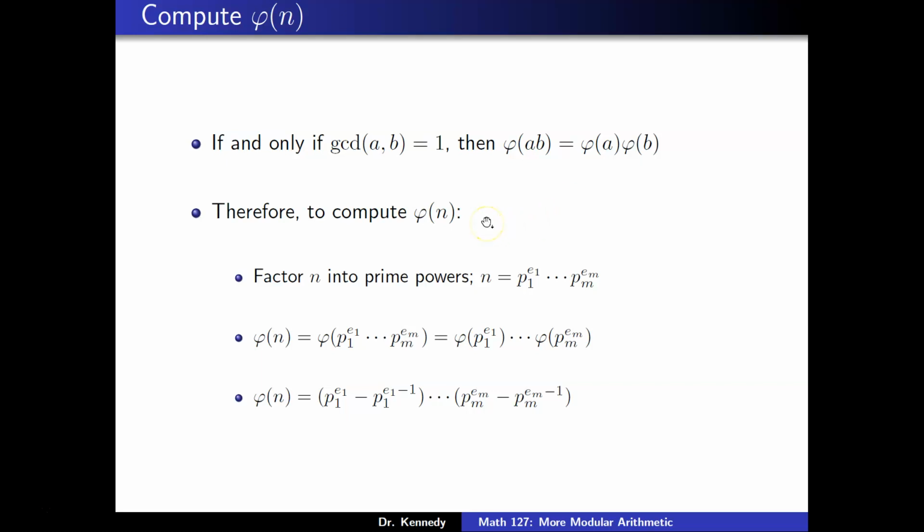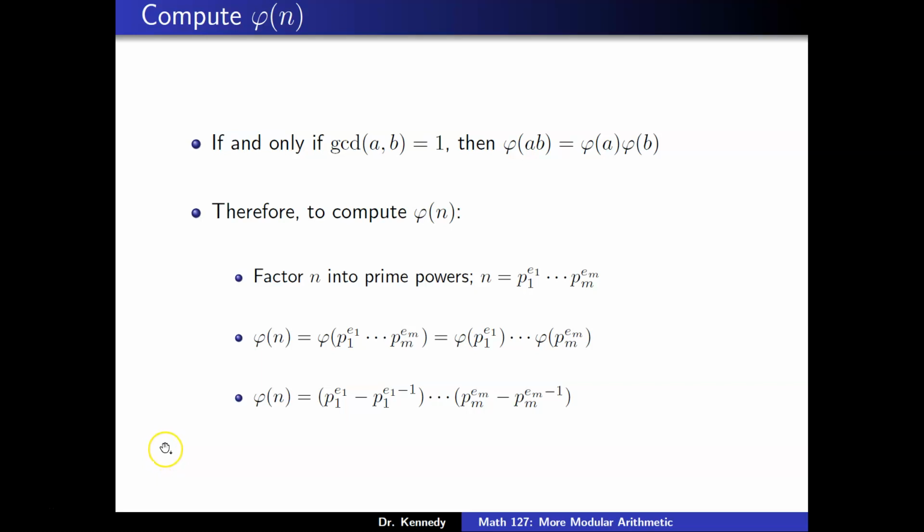This tells us how to compute every Euler phi we need. If I have something that isn't prime or a prime power, I break it down into prime powers. So I take n and I factor it into its primes. Different primes will be relatively prime, so I can work out each one individually and then multiply them all together, and that tells me the value of the Euler phi.